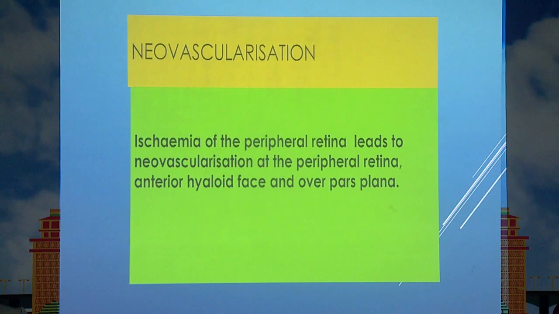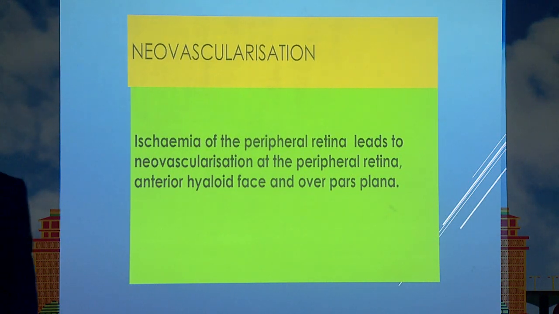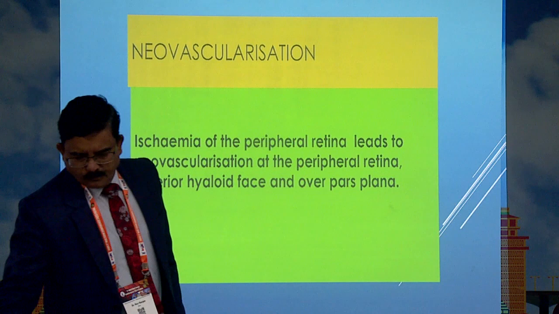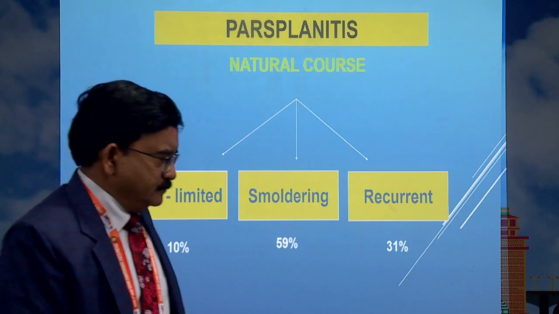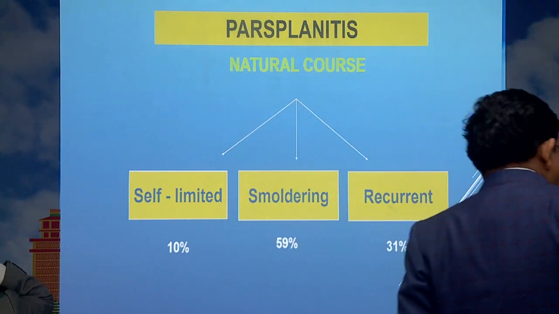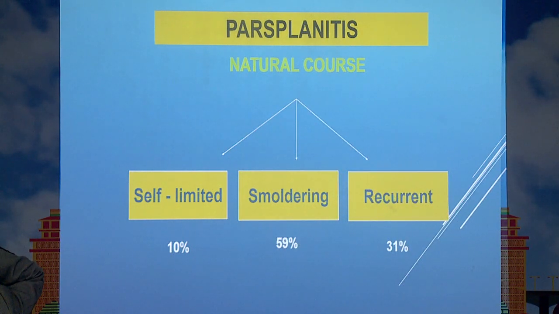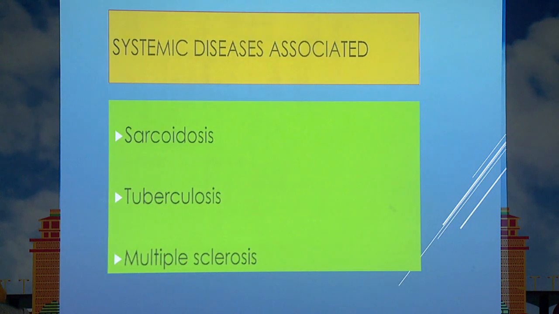Neovascularization happens when there is ischemia of the peripheral retina, leading to neovascularization at the retina, anterior hyaloid face and pars plana. It is one of the dreaded complications of intermediate uveitis. If I follow the natural course, 10% of these patients are self-limiting, 59% smoldering, and 31% keep recurring during the course of the disease.